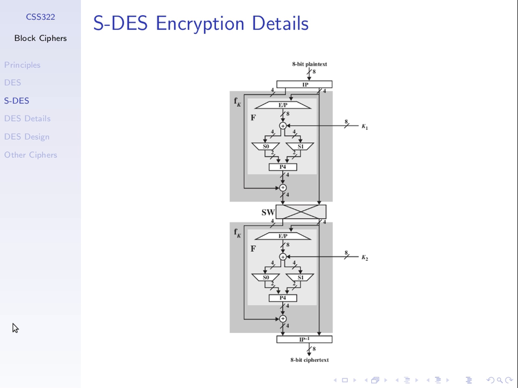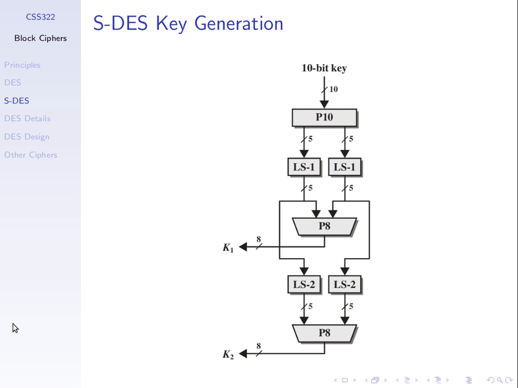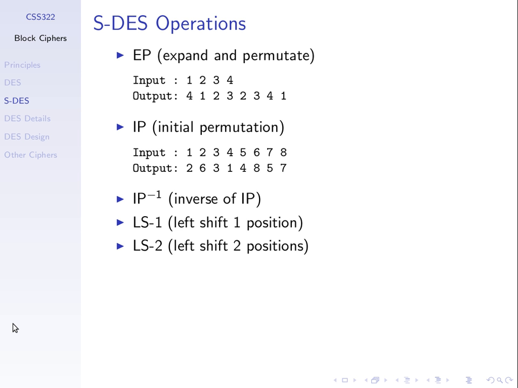Initial permutation, IP. This is the rearrangement.